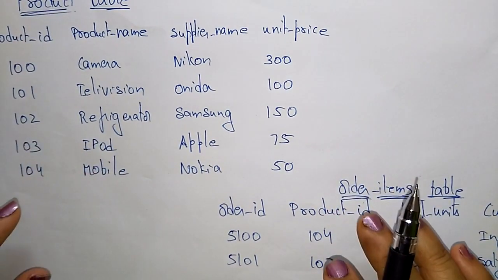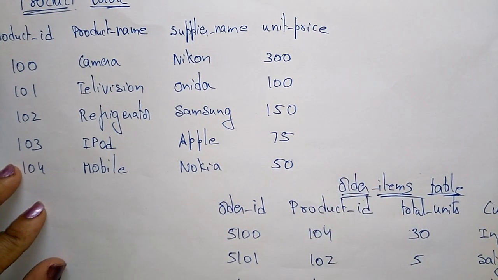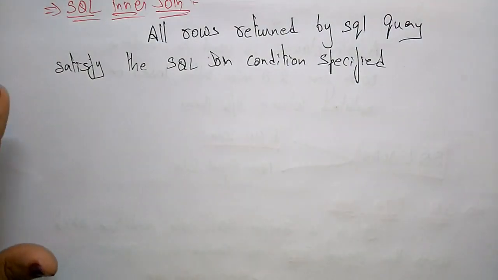So what is an inner join? Here all rows returned by the SQL query satisfy the SQL join condition specified. Let me write the query.